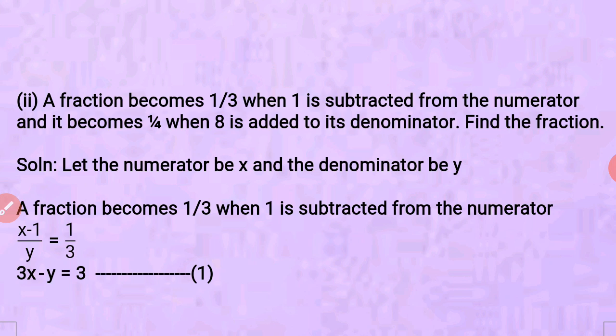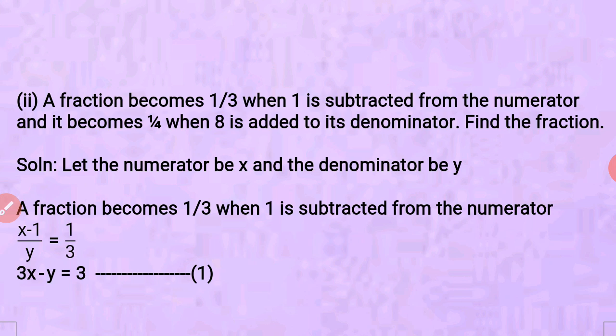The second sub-question. A fraction becomes 1 by 3 when 1 is subtracted from the numerator and it becomes 1 by 4 when 8 is added to the denominator. Find the fraction. As usual, we will take the numerator to be X and the denominator to be Y. The first condition tells us that we have to subtract 1 from the numerator.